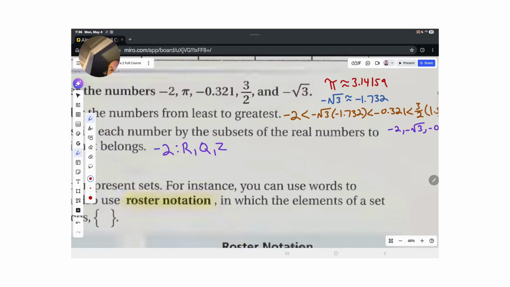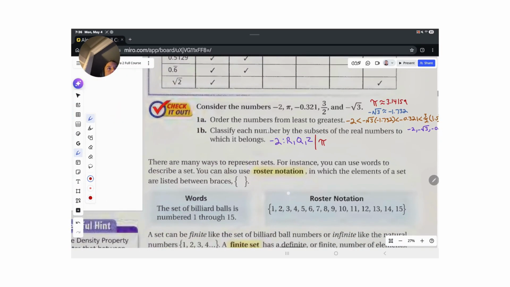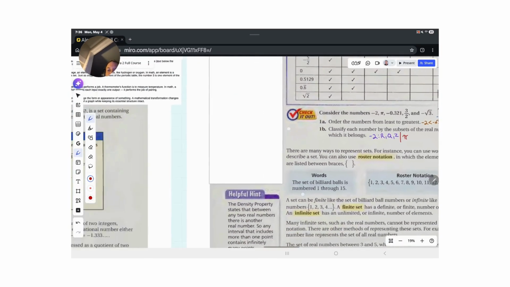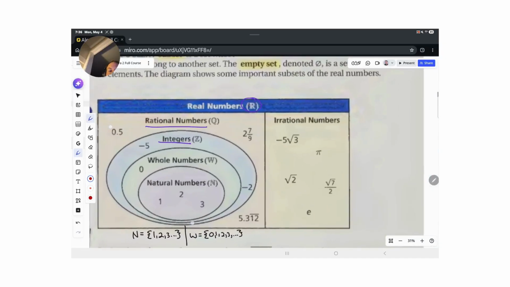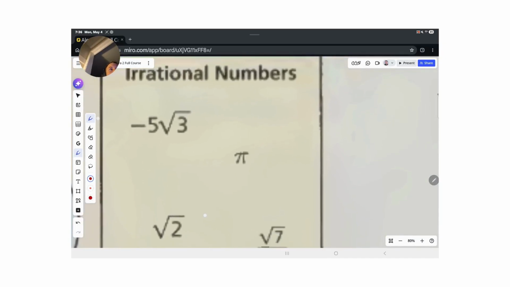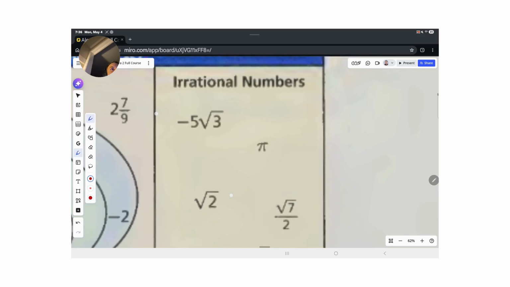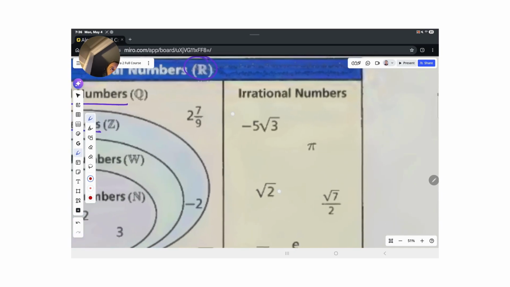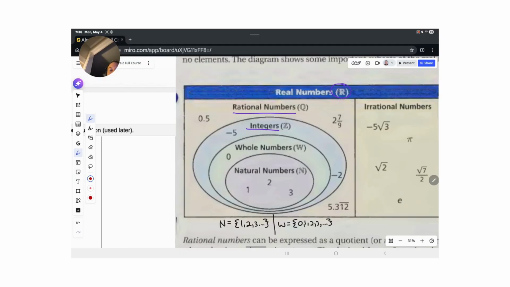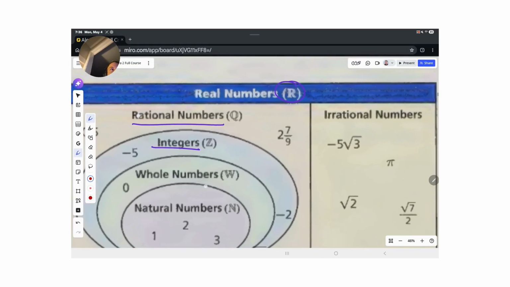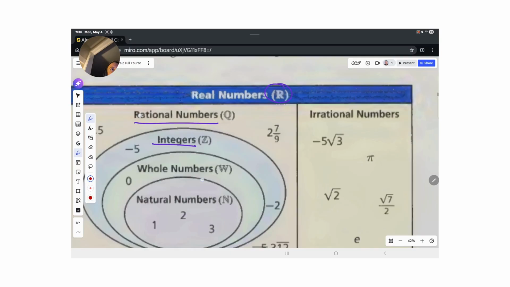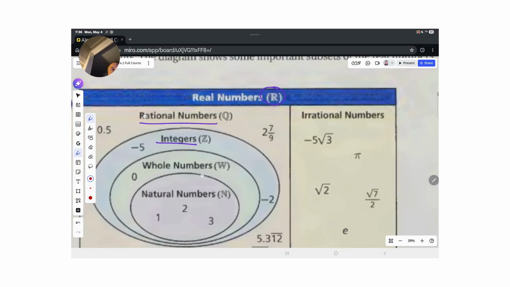What about pi? Let's go to pi next. There's pi right there, right? It is real, and it is irrational.